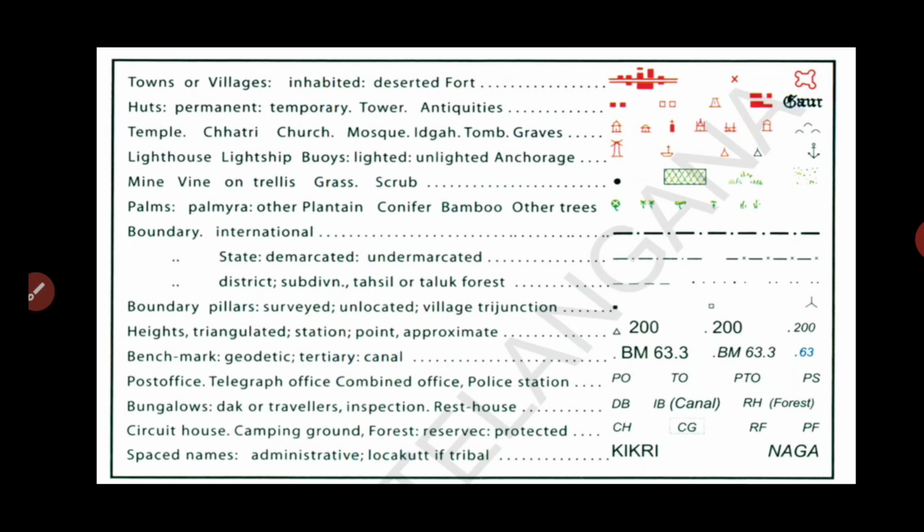There are some common universal features. For example, in order to show water, you have to indicate blue color. In order to show forests, green color will be there. In order to show mountains and plateaus and all, brown colors, right? So all these colors they have to use commonly.